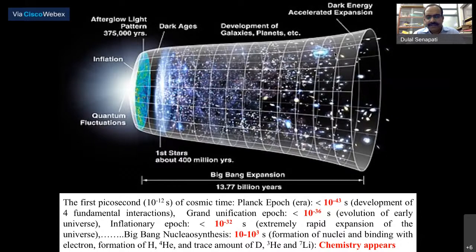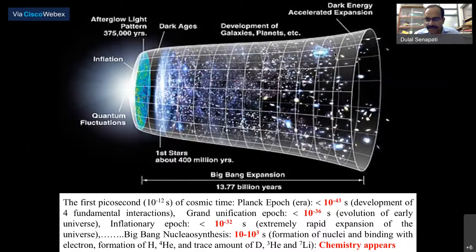At the beginning of the universe, which starts with the Planck epoch, about 10 to the minus 43 seconds, then the grand unification epoch, 10 to the minus 36, and the inflation epoch, an extremely rapid expansion of the universe, which took place in 10 to the minus 32 seconds. Then gradually we come to nucleosynthesis, familiarly known as the Big Bang, on a time scale of about 10 to 1000 seconds.